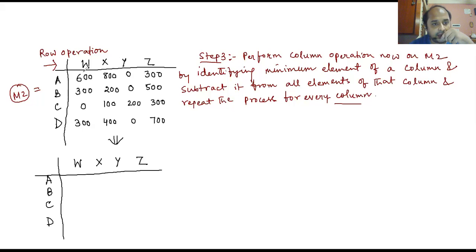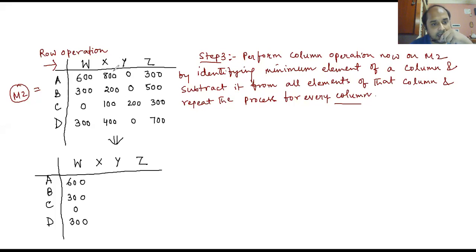You see, in the first column, the minimum element is 0. And I'm going to subtract the minimum element from every element of that column, including it. So I'm going to subtract 0 from 600, 0 from 300, 0 from 0, and 0 from 300. There will be no change in column 1 of the new matrix. So I'm going to write the column as 600, 300, 0, and 300.